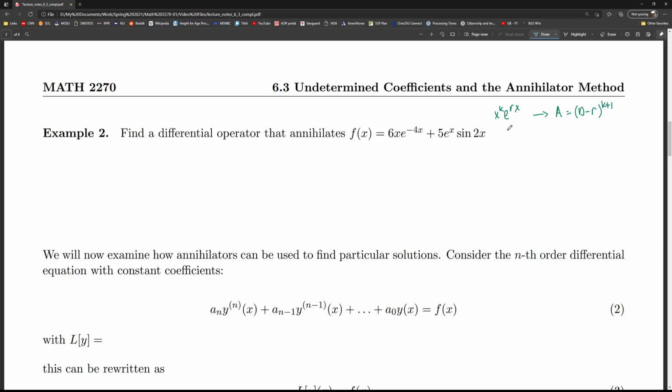And then the other annihilator that we want to use is when you have e to the power alpha x sine of beta x. The annihilator for that is (D minus alpha) squared plus beta squared.